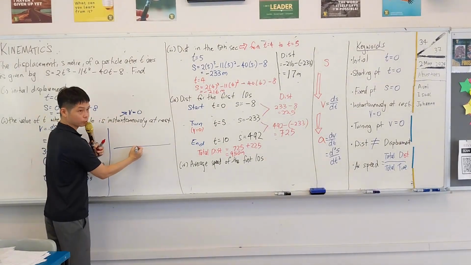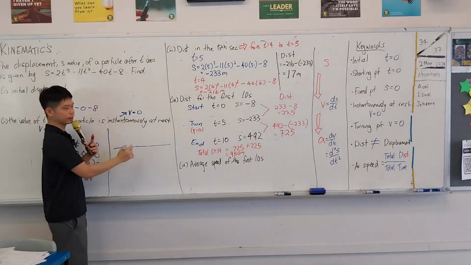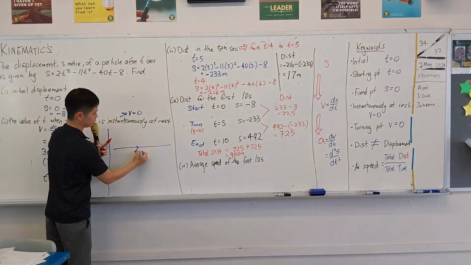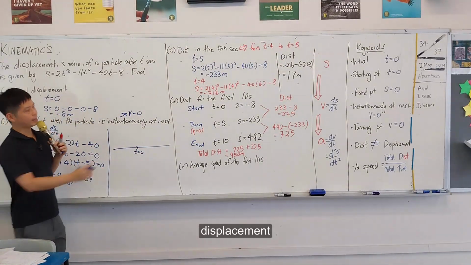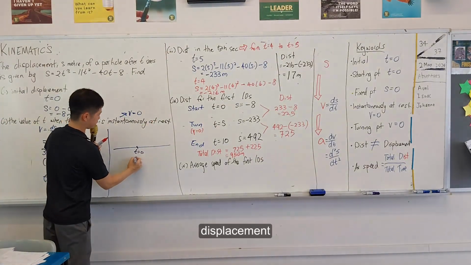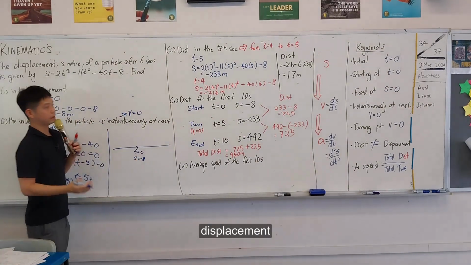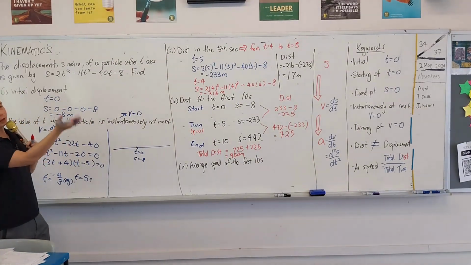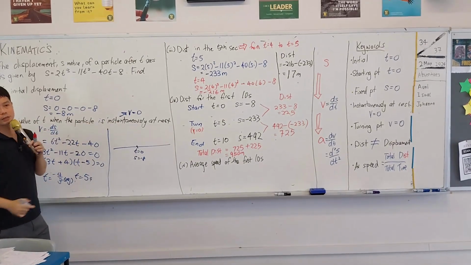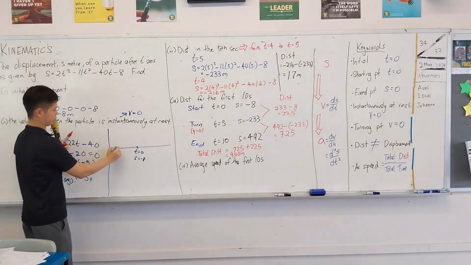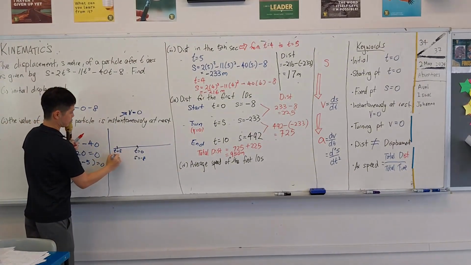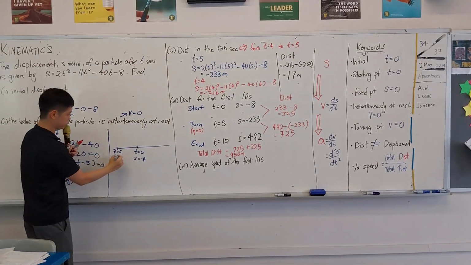T equals to 0. Don't have to be at the center. I don't care where it is, just somewhere. Then the distance here is negative 8. After 5 seconds, I move to the left or right. I move to the left. S equals to negative 233.